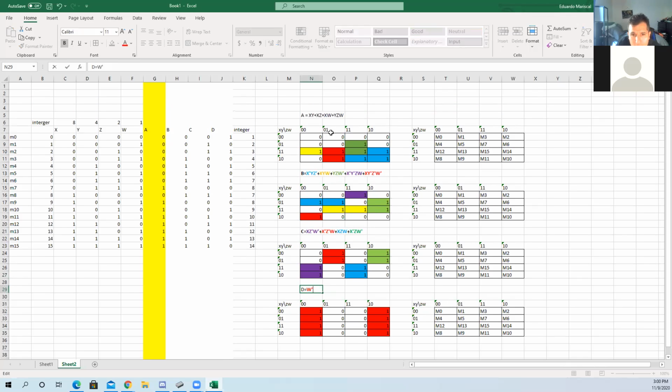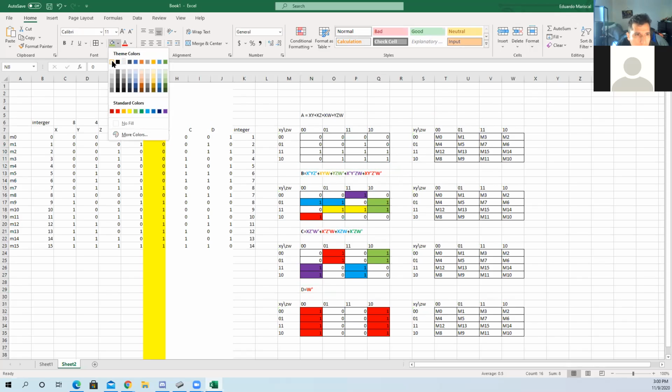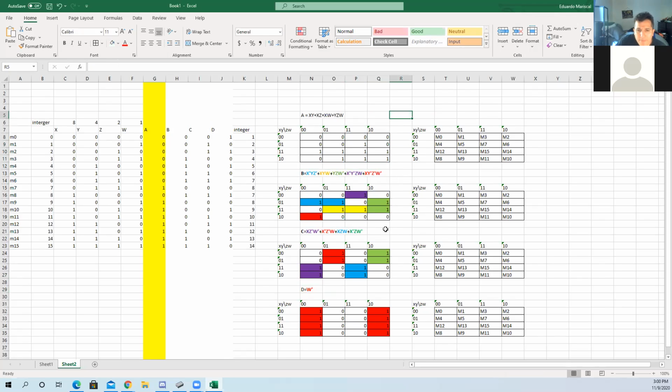Okay. This one's a little bit harder to pair, or to do colors, because they overlap each other. So I'm going to keep it wide so you don't get confused. But note that you can actually group 4 together. It's a little bit harder to overlap in this one.